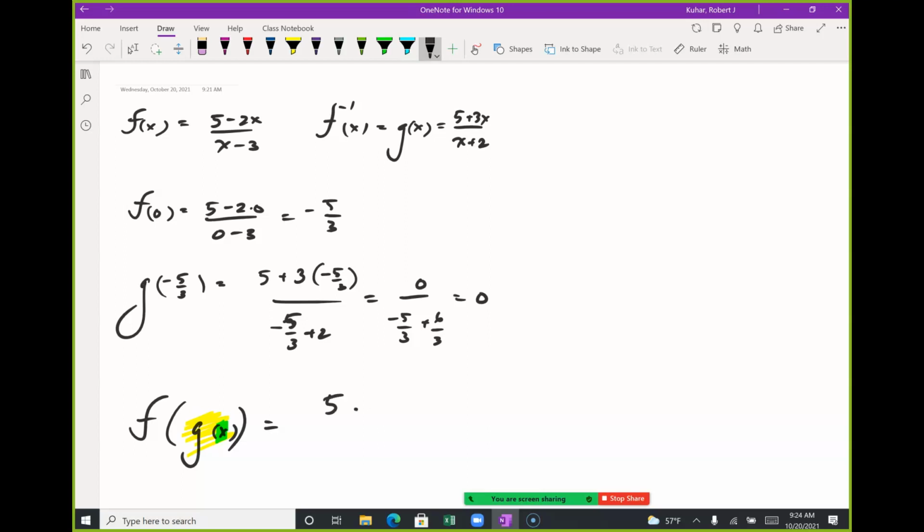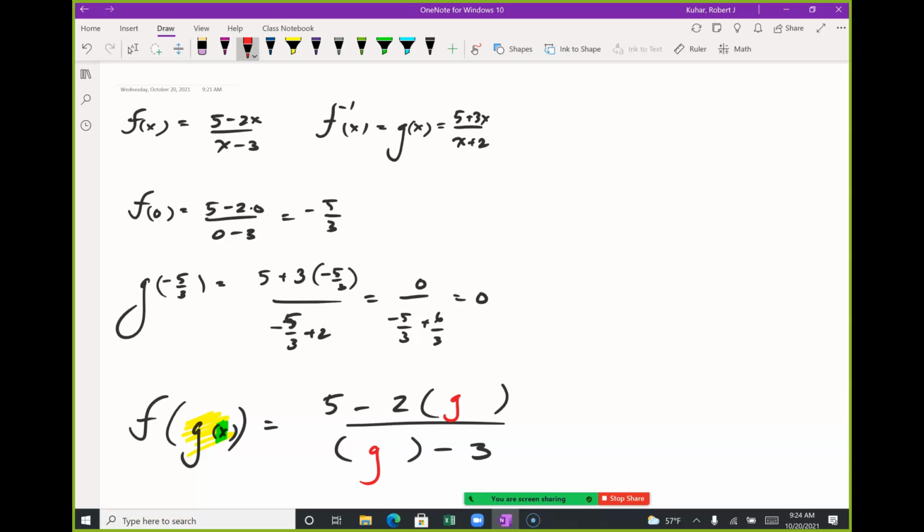So f is 5 minus 2 times x all over x minus 3. And I'm putting in the inverse there. I used to say put in the g. This is how I got myself to understand what was really going on, because I got confused a lot.